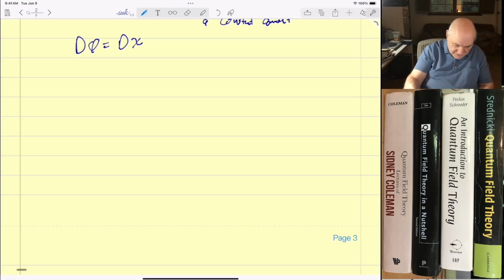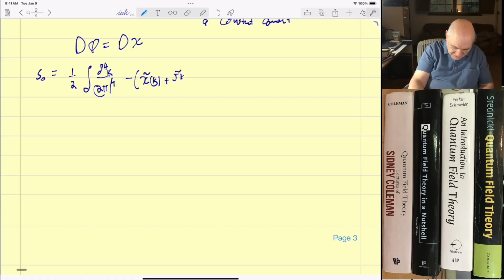But doing that, now we get S0, just making the substitutions, is 1/2 the integral d4k over 2 pi to the fourth, of minus chi tilde k plus j tilde k over k squared plus m squared, times k squared plus m squared.